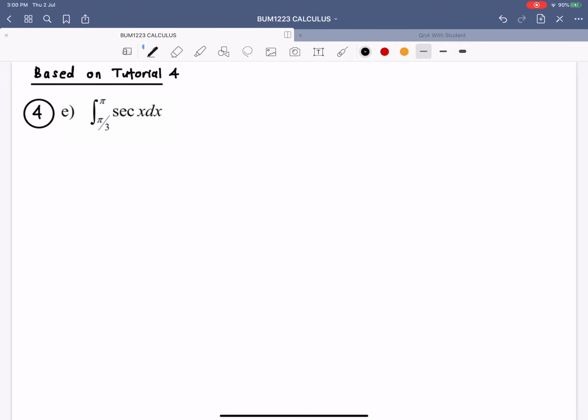Next, we want to look at question 4E. In this case, our function is a trigonometry function, which is secant x. We know that the integration of secant x dx is equal to ln modulus secant x plus tangent x, where x is from pi over 3 to pi.